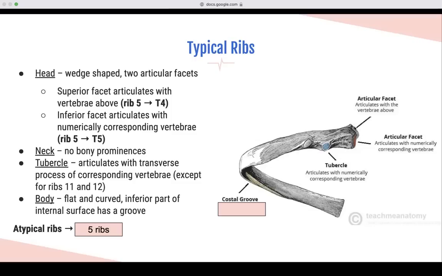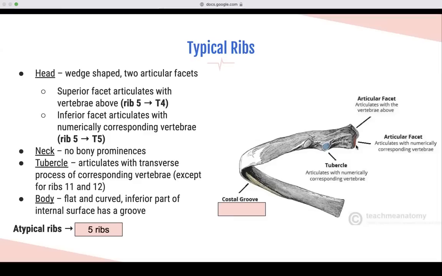This facet would articulate with the vertebrae above, which would be T4. And then this one would articulate with T5. So in your thoracic spine, you have T4, then T5. T4 would articulate with this facet of the fifth rib, and T5 would articulate with this facet.